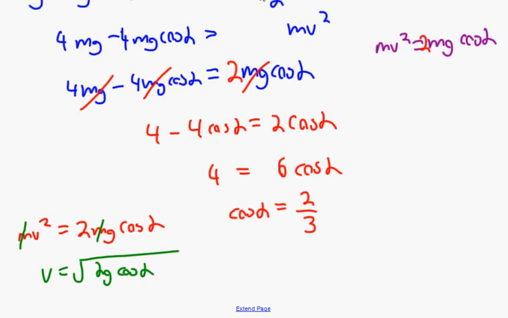We know that cos alpha is 2 over 3. So V therefore will equal the square root of 4g over 3. Is that right, guys? 4g over 3. Now, what does it hit the ground with is what we're trying to figure out.